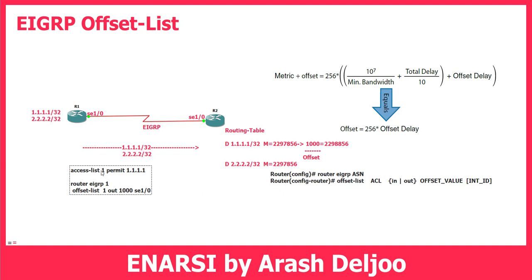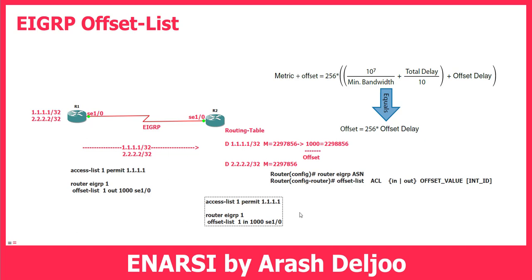Okay, also if you want, you can configure the offset in the inbound direction. Let me show you again. Access-list 1 permit quad 1, router EIGRP 1, offset-list 1 in, okay, and then this is the offset value, and then the interface serial 10.